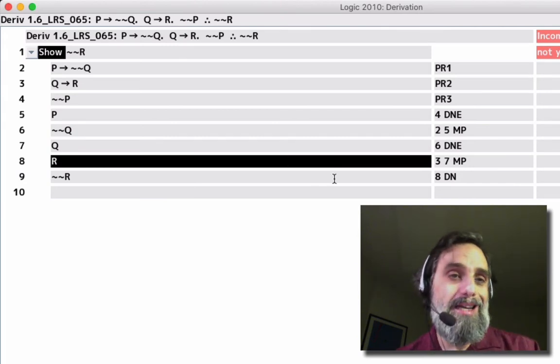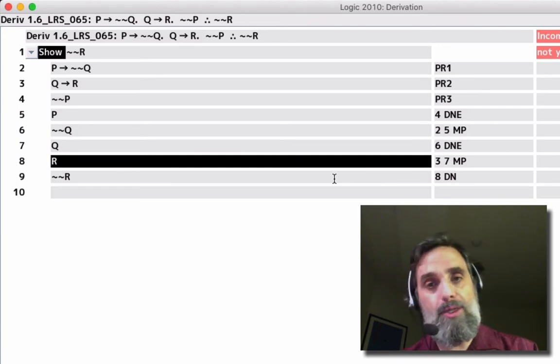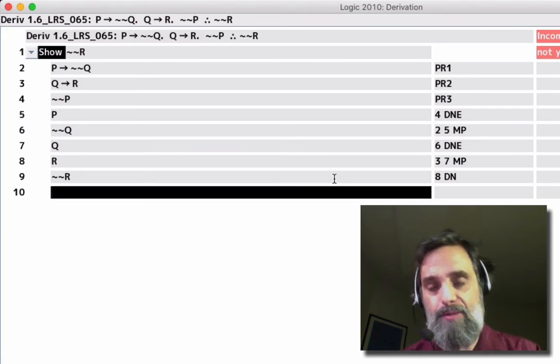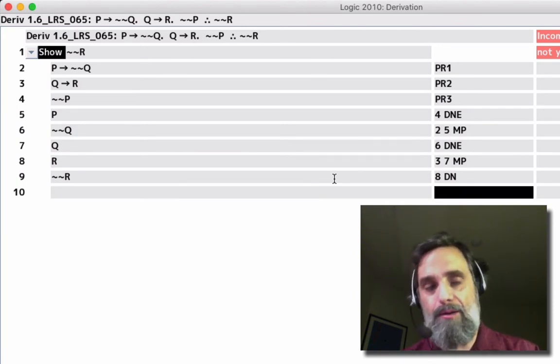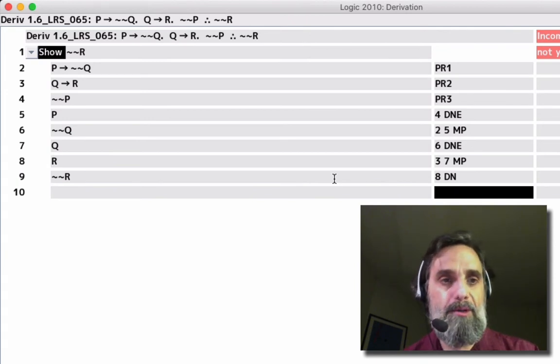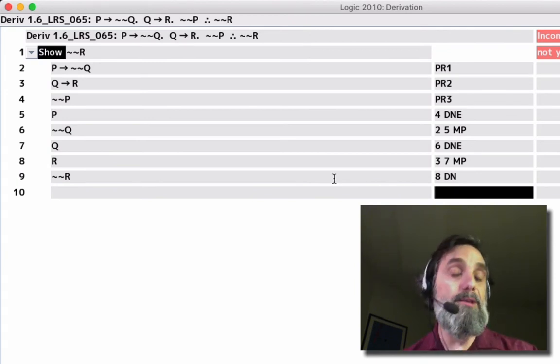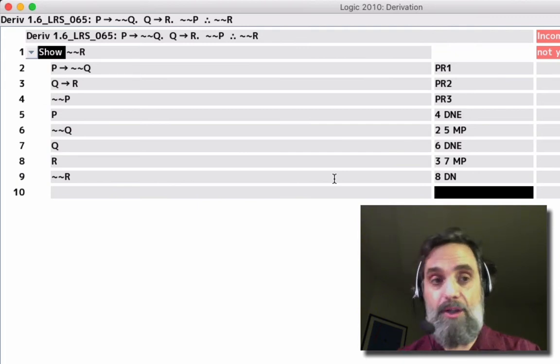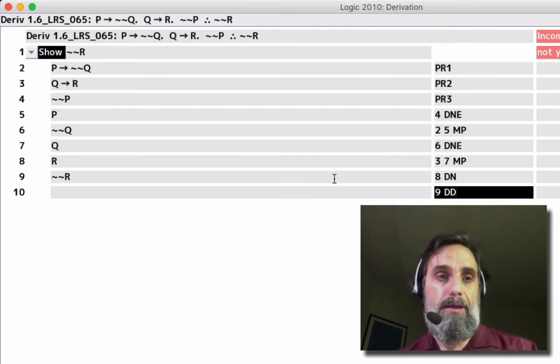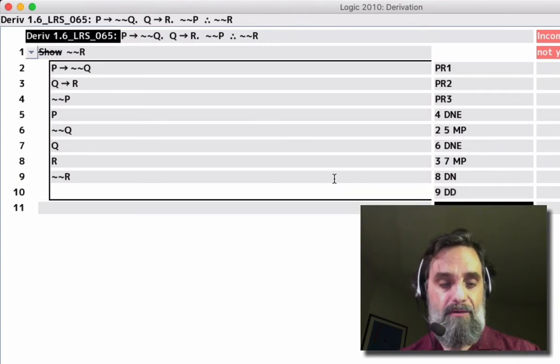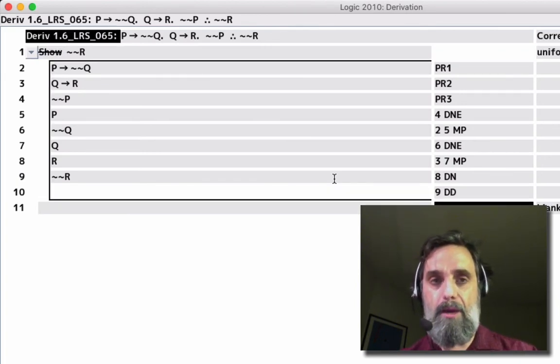So when you apply DN to line 8, there's only one option. DNI is the only option. So you don't need to tell the computer that's what you want to do because that's the only thing you can do. Okay, so there's our double negations on line 9, double negated R. That's our conclusion, so we can apply direct derivation to line 9. That will box and cancel line 1, and our derivation is complete. Hooray. Good.